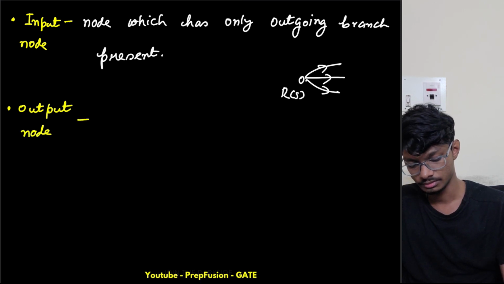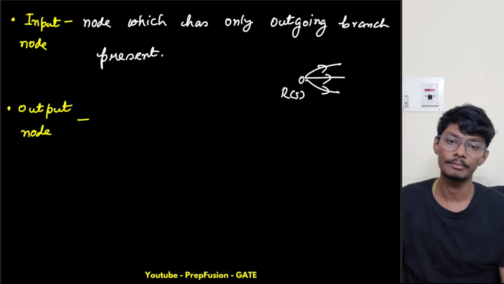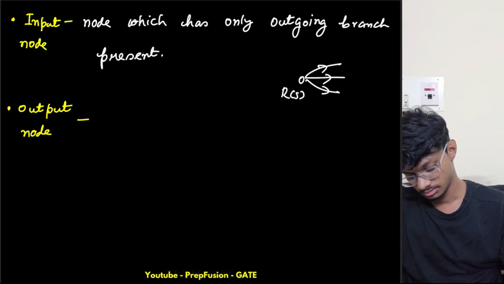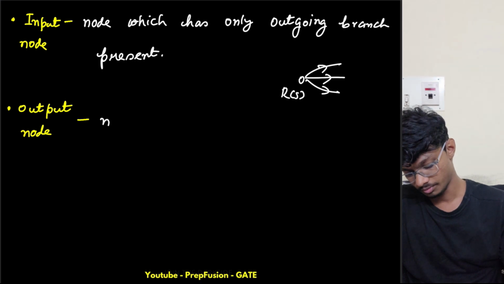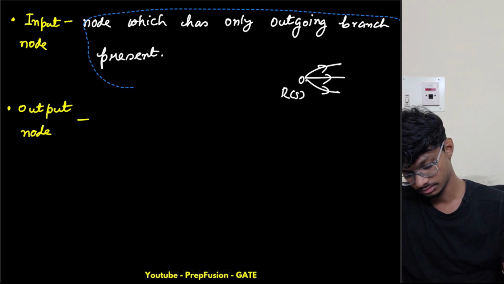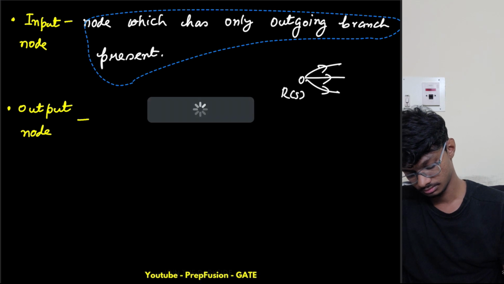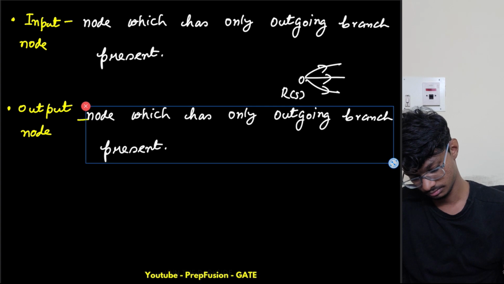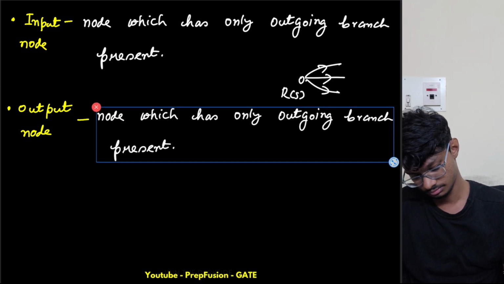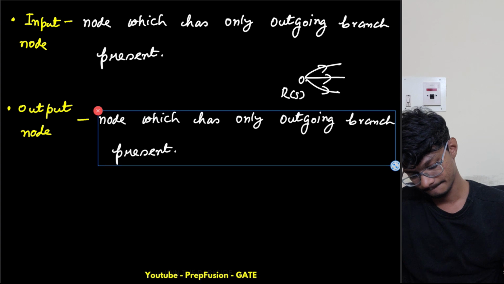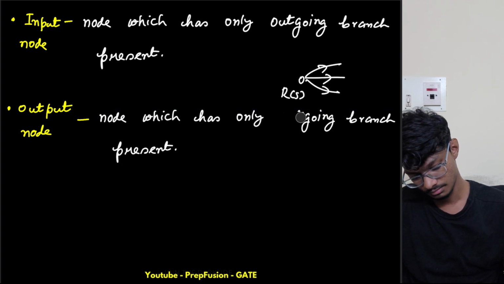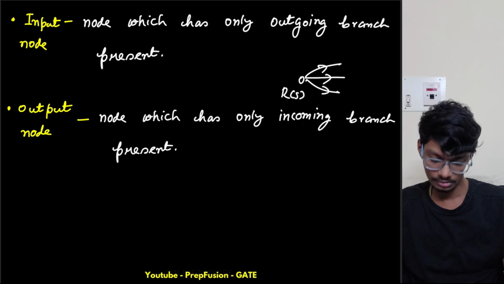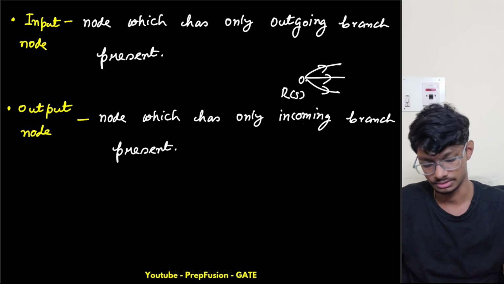The output node is the node which has only incoming branches present.